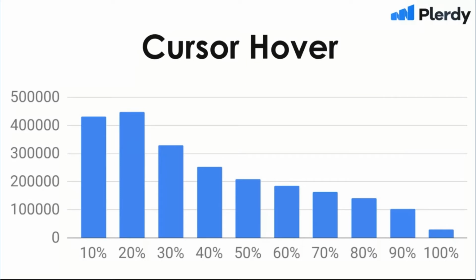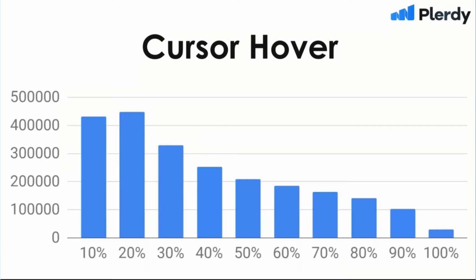That was also interesting. So in this case, first of all, when you use the Plerdy tool, your website is divided into 10 equal parts, and that's what we see. So most people would stay with the mouse on the second part of the website.